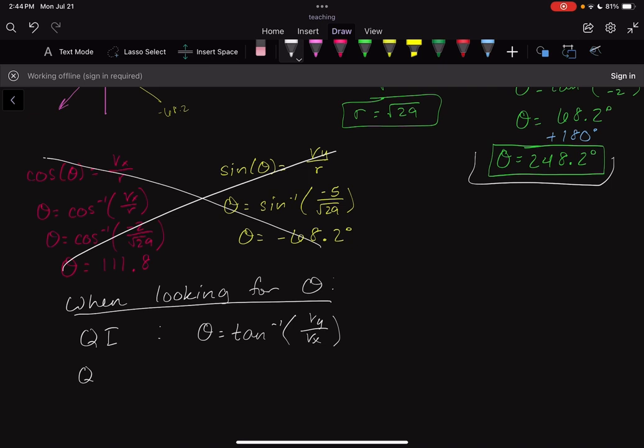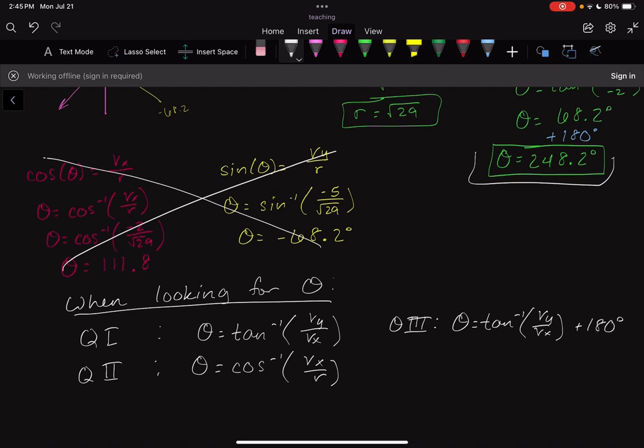If I'm in quadrant 2, I'm going to use cosine inverse because that's the only one that can give me an answer in quadrant 2. If I'm in quadrant 3, I'm going to use tangent inverse, and then I'm just going to add 180 to it, or pi if you are in radians.